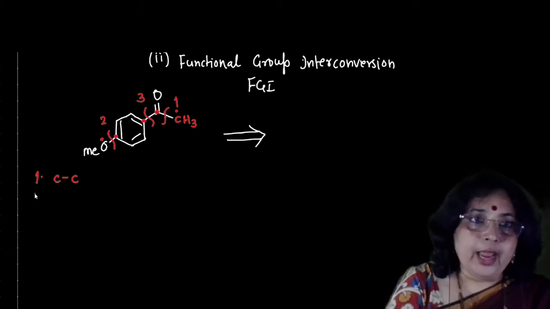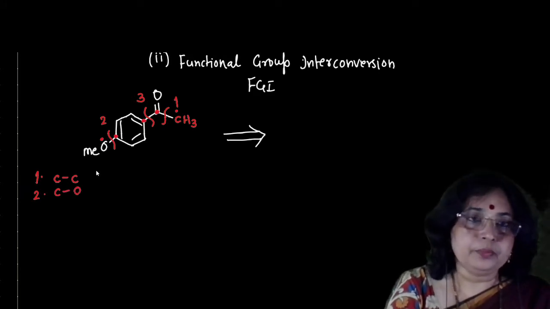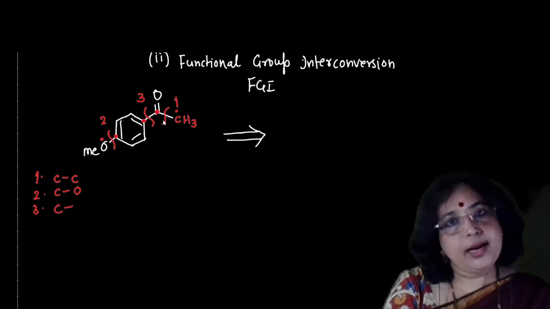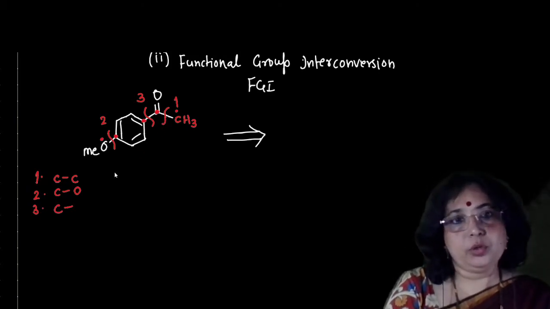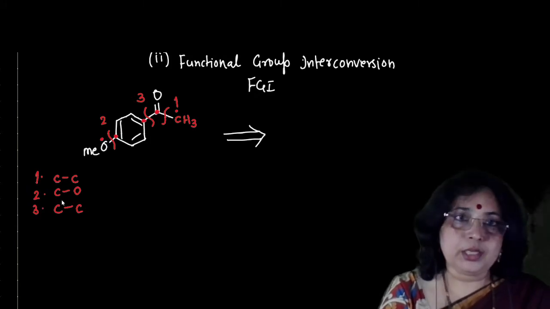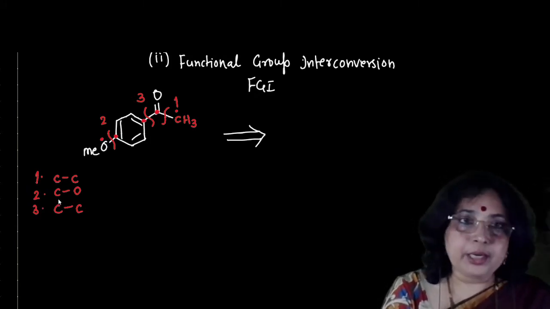In the second approach, you can see the carbon from the aromatic ring and the oxygen of the methoxy group. And the third disconnection is the CC, meaning carbon from the aromatic ring and the carbon of the carbonyl group. So 2 CC and 1 CO disconnection. So which one is the actual or reliable disconnection?